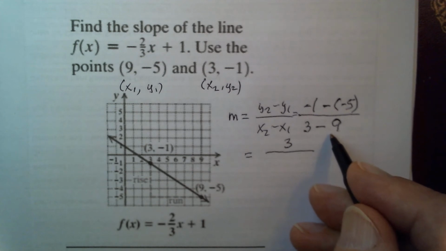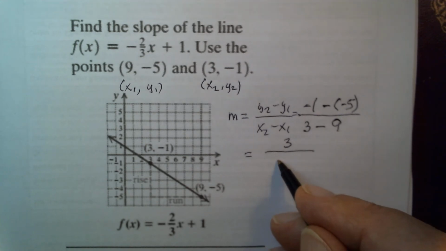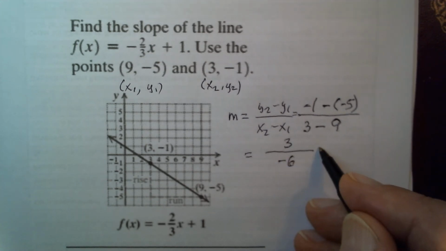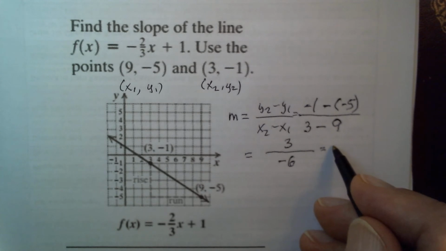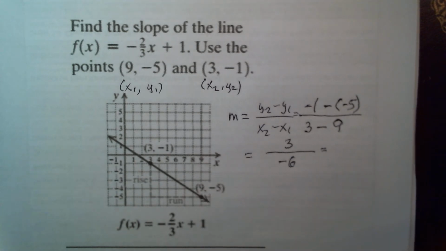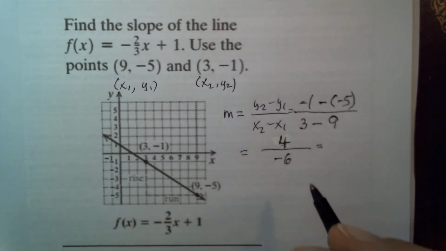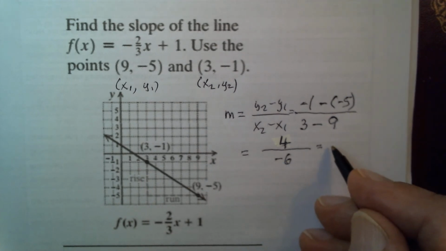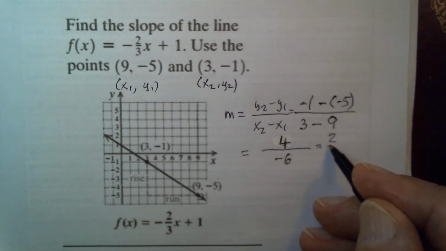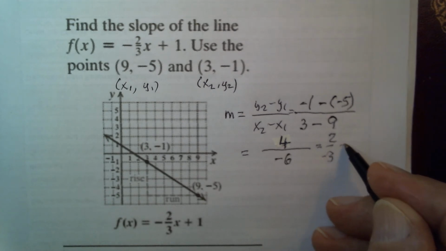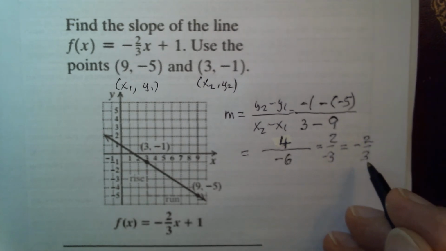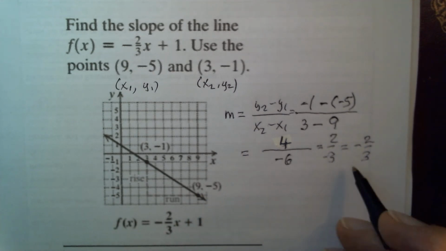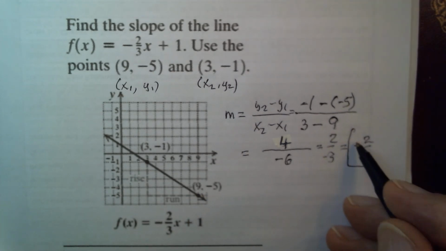And 3 minus 9 is minus 6. So it would be 4 divided by minus 6, or 2 divided by minus 3, or typically we write it as minus 2/3. So that is the slope of this line, minus 2/3.